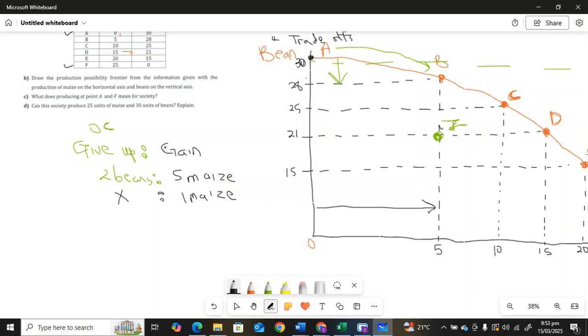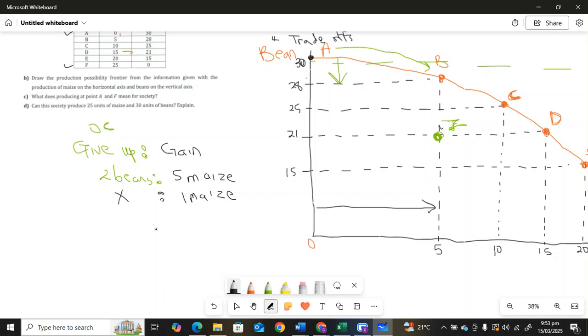Now, when they ask you the opportunity cost per unit, they're asking you to gain 1 maize. How many beans do you need to give up? Colleagues, this is just a matter of cross multiplication. Let's tabulate.